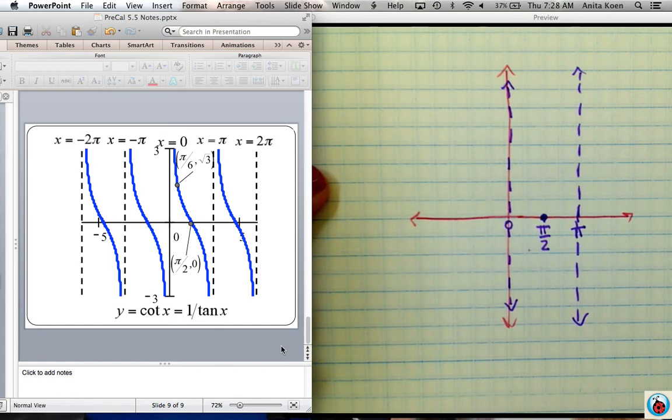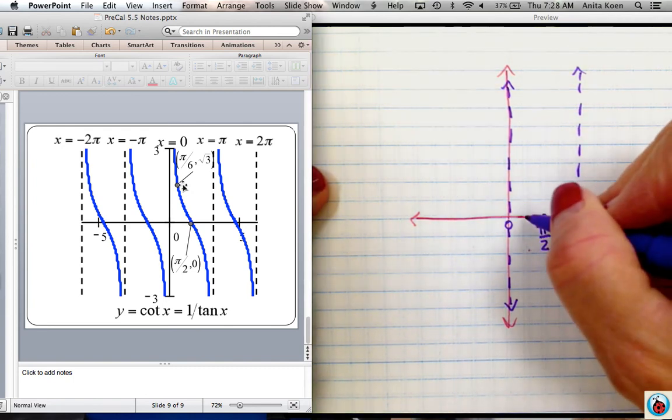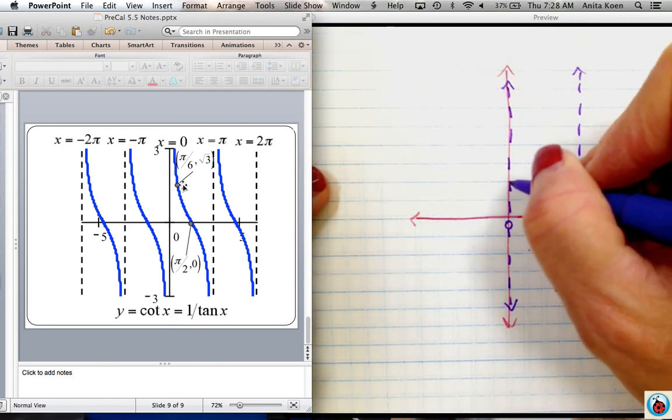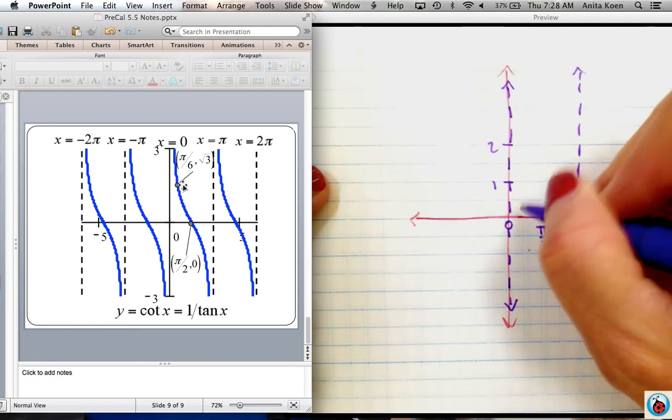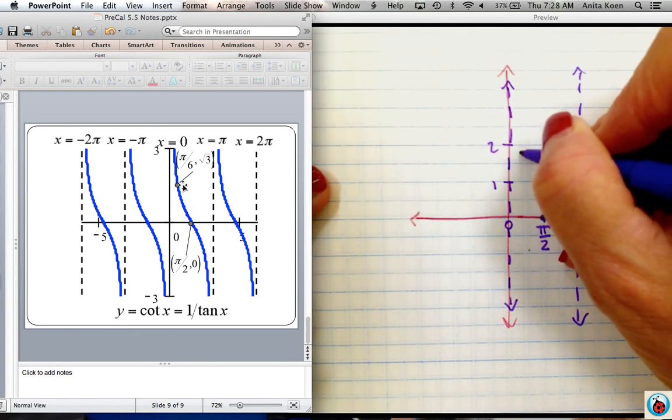And that pi over 6, I want you to remember right here, is the reciprocal of the tangent. And the tangent of pi over 6 is the square root of 3 over 3, so the cotangent is the square root of 3, which is about 1.7. So that's going to be 1, 2. So that's going to be here.